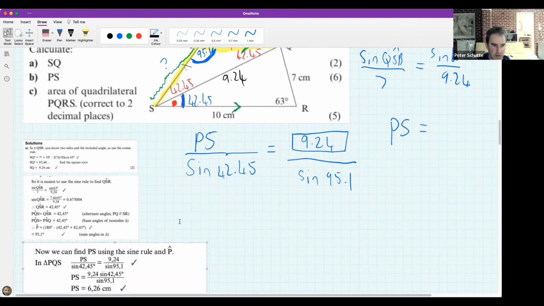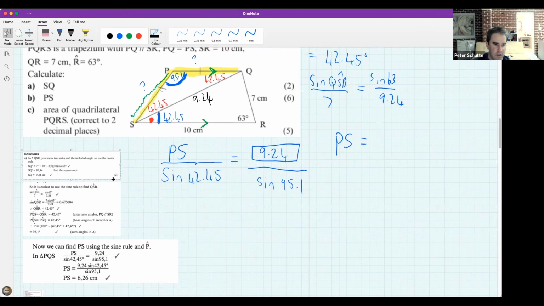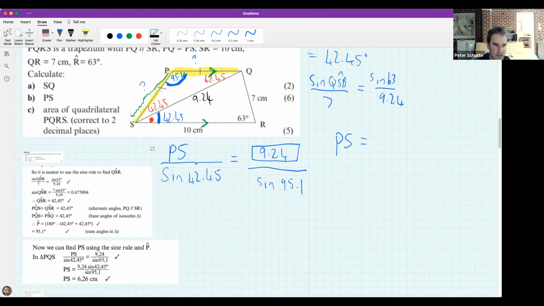I'll zoom out a little bit. So the final answer should be around 6.26. And I hope that you can see everything on the screen. Notice how I do give reasons for my statements. So you can see there's the alternate angles, there's that. But basically your final answer is going to be 6.26.